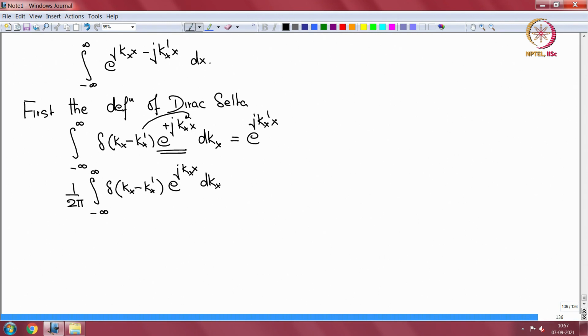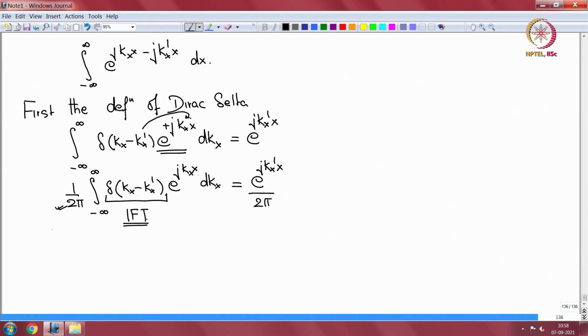This is now the inverse Fourier transform of this function, by definition earlier. So that gives me, including the Dirac definition, this divided by 2 pi, which is this.